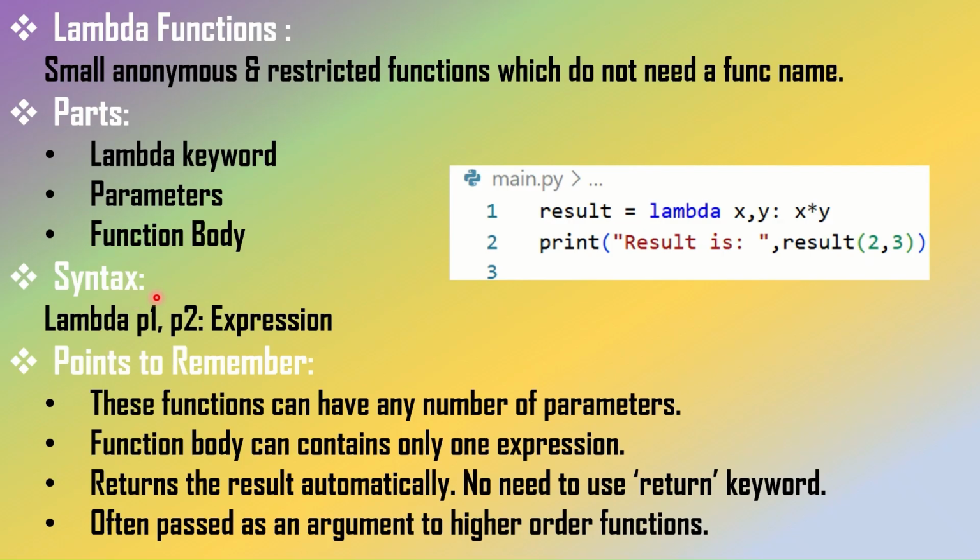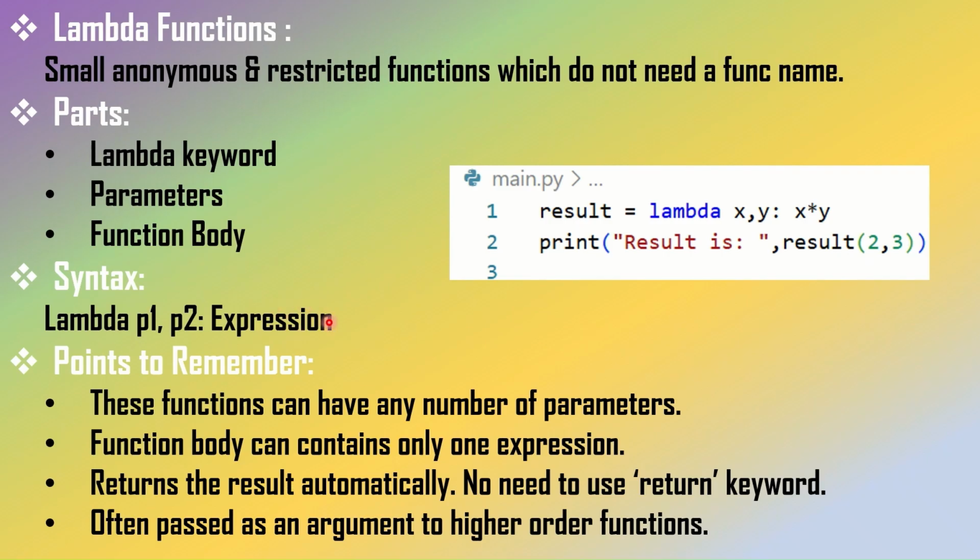When it comes to syntax, Lambda functions are defined with the Lambda keyword at the start, followed by the parameters separated by commas, and then a colon, followed by the expression or function body. So in our normal functions, we have a def keyword followed by the function name, followed by the parameters inside the parenthesis, and a colon at the end of the statement, followed by the body of statements inside the function.